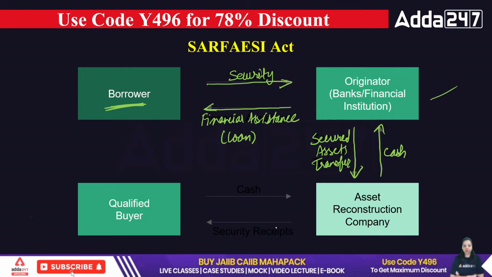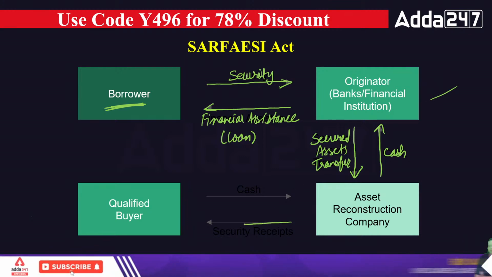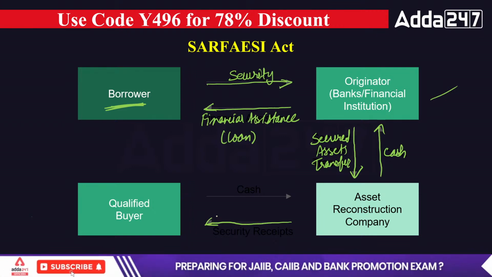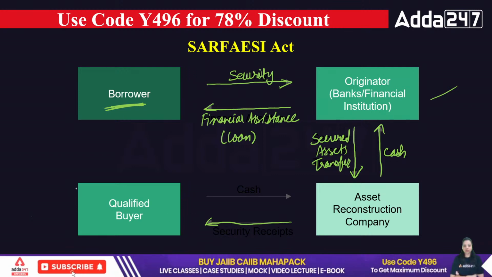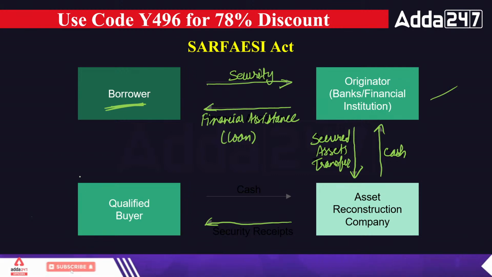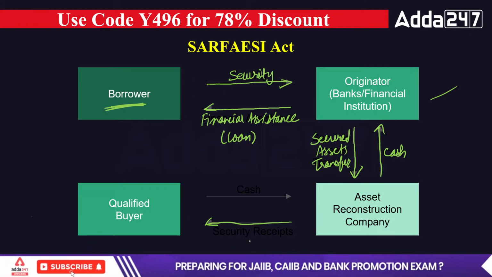Now what will the asset reconstruction company do? The asset reconstruction company will sell this particular property to a qualified buyer, or a person who is able to purchase. The qualified buyers will be other financial institutions, LIC and all these companies, and NBFCs will be qualified buyers.